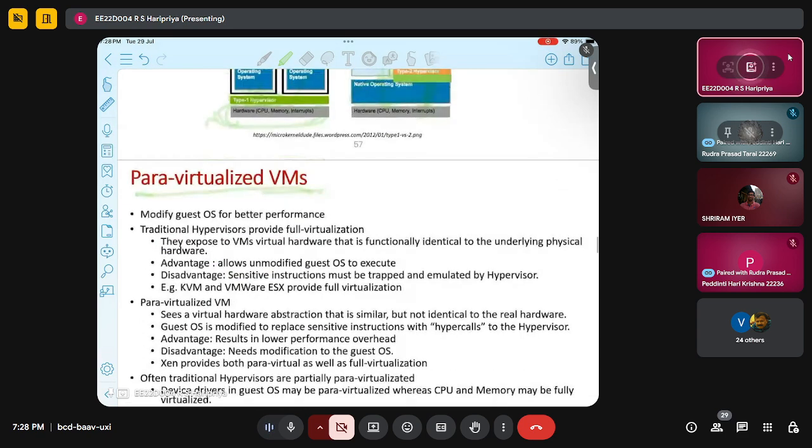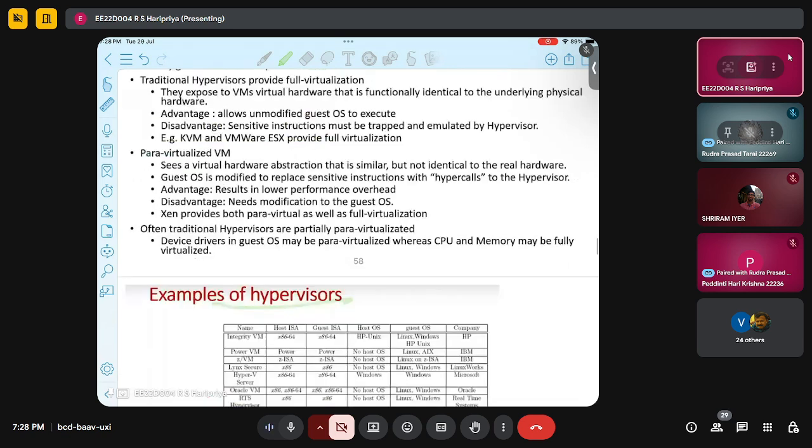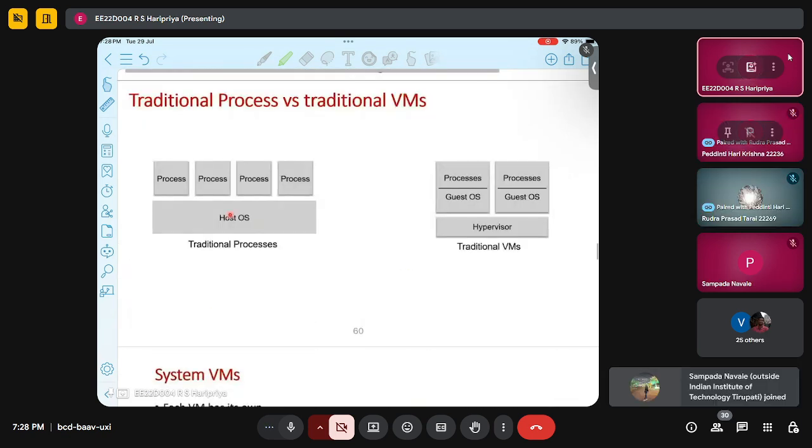And here the hypervisors were transparent. Now the operating system knows that this set of instructions is going to be run by the hypervisor, and this from the normal system calls. So these are three types of hypervisors.